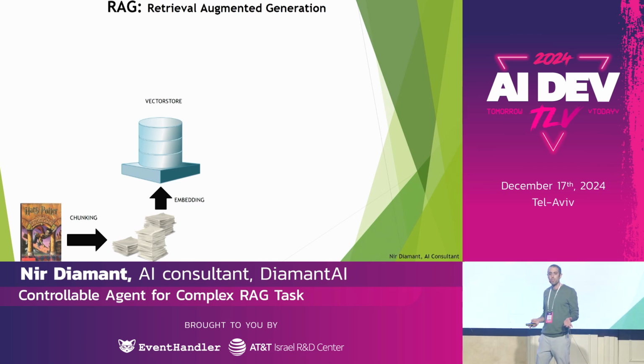Once we have those chunks, we embed them. We apply a function that takes those chunks into a much lower dimensional space. I'm going to talk about it a bit later. And all of those vectors are stored inside a vector store.